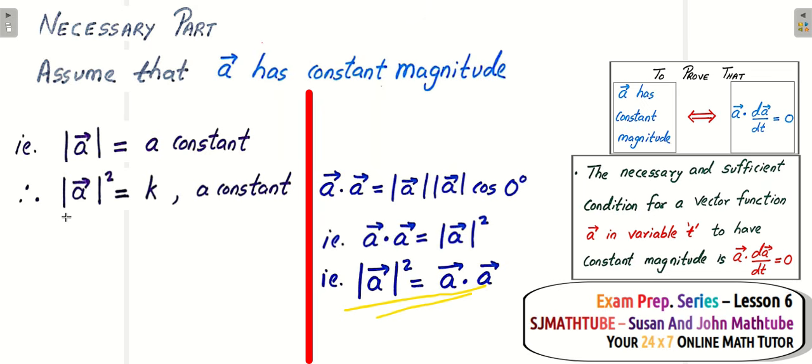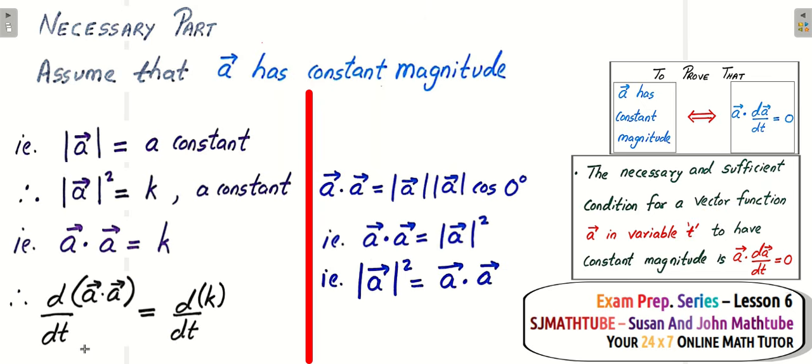So now look at the left side of the screen. We got mod A square equal to k because of the given condition. But mod A square is A dot A. Now remember, A is not a constant vector. It is a vector function in the variable t. So let's differentiate on both sides with respect to t.